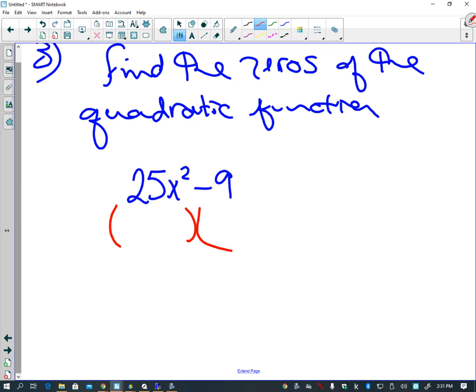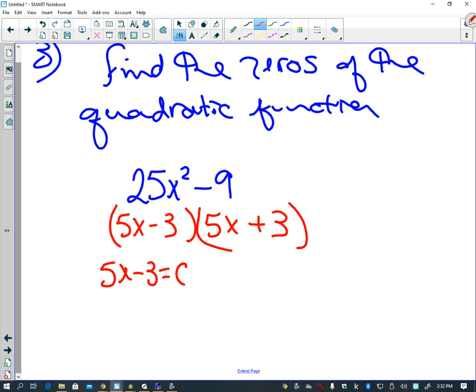I see this as 5x minus 3, 5x plus 3. Do we see that? Then I would do 5x minus 3 equals 0. Add 3, add 3. 5x equals 3. Divide by 5. x equals 3/5.